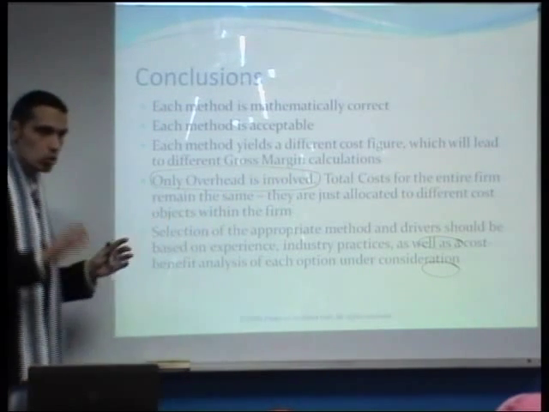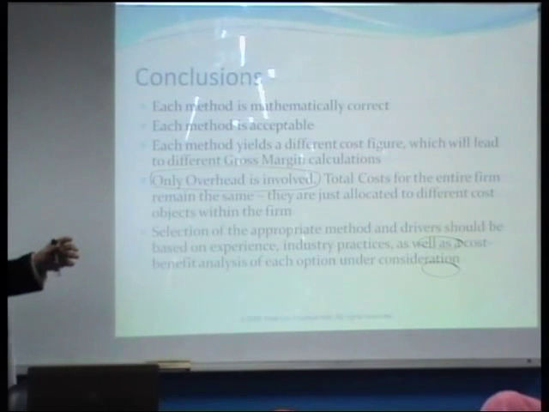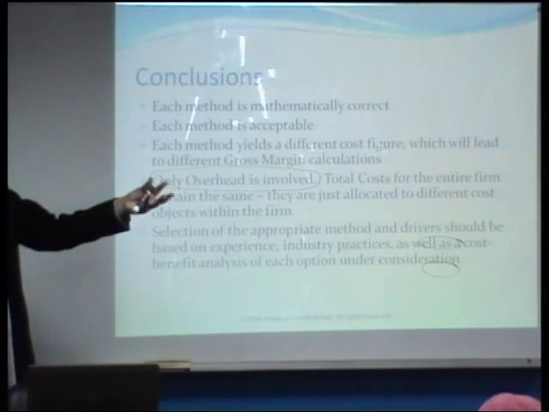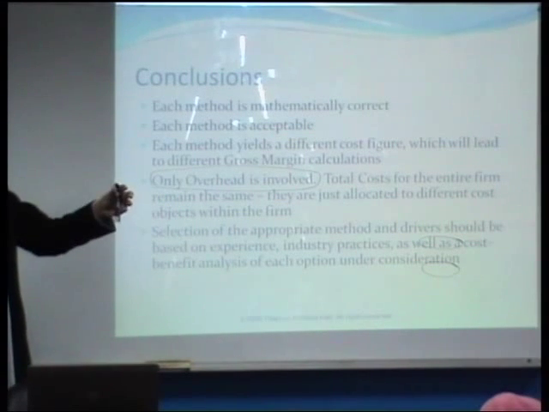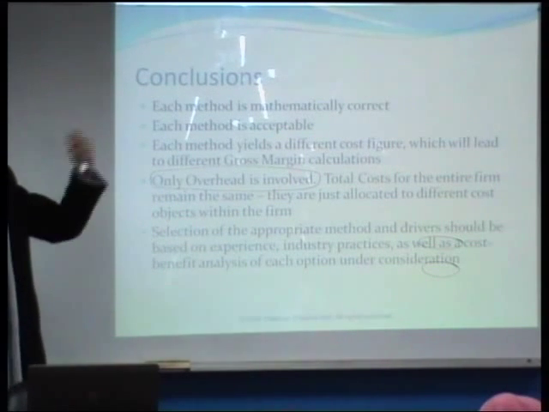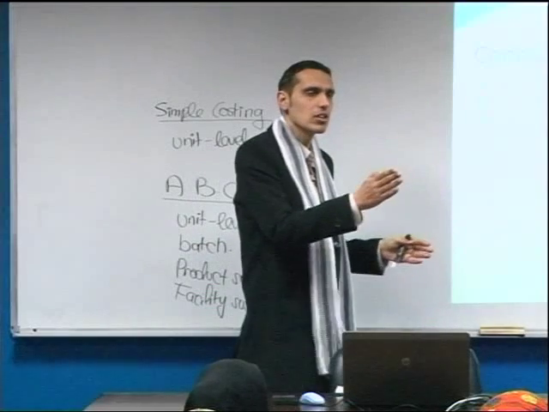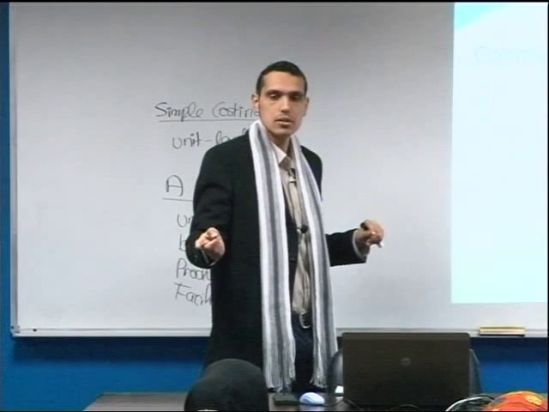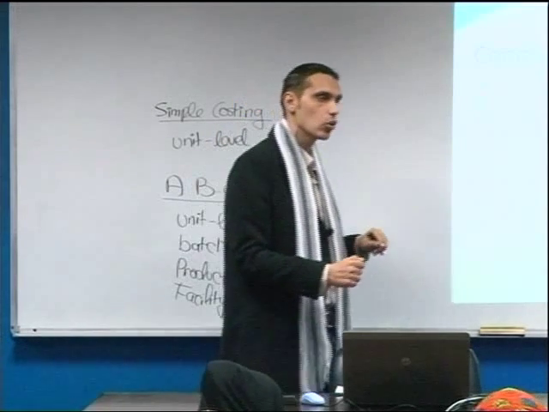Correct? Because the direct costs are direct and can be traced in a cost-effective way. Therefore, this tracing of direct costs is accurate. We do not have any problems in the direct costs. But the problem lies within the indirect cost pools.